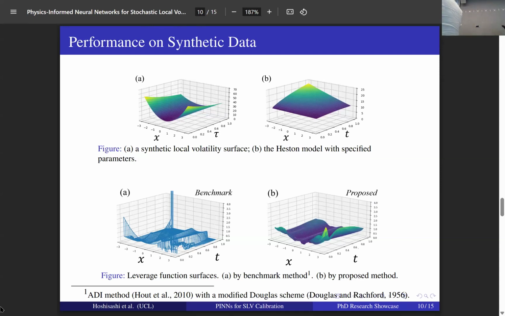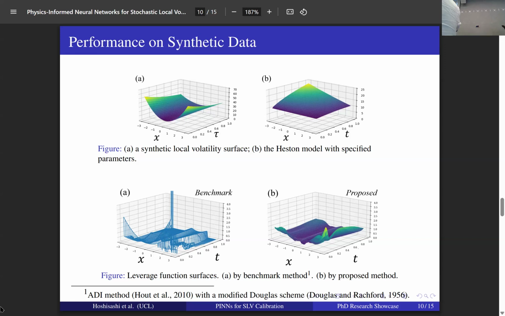But here is the result. In the synthetic condition, here is the input local volatility surface, and also these are the Heston parameters. And we compared with the benchmark method, which here employs the FDM method with ADI calculation.